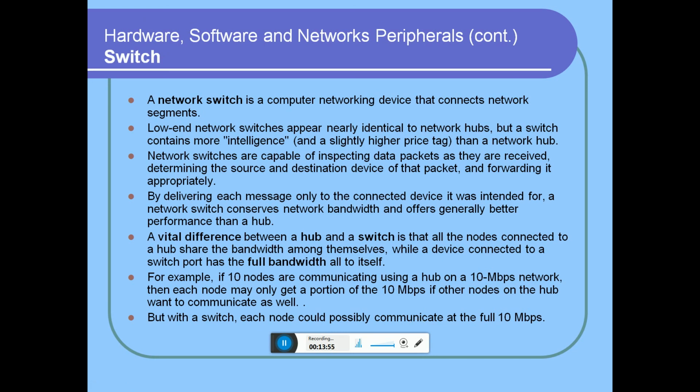Switches. A network switch is a computer networking device that connects network segments. Low-end network switches appear nearly identical to network hubs. The network switch is capable of inspecting data packets as they are received, determining the source and destination device of each packet, and forwarding it appropriately. For example, if 10 nodes communicate on a 10 Mbps network using a hub, each node only gets a fraction of the 10 Mbps when the other nodes on the hub want to communicate as well.